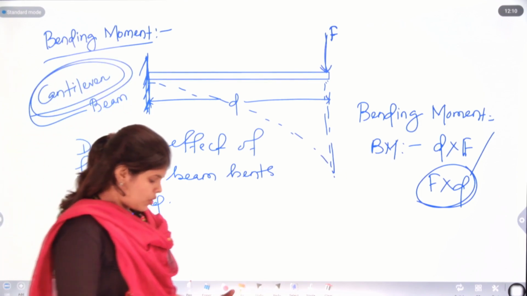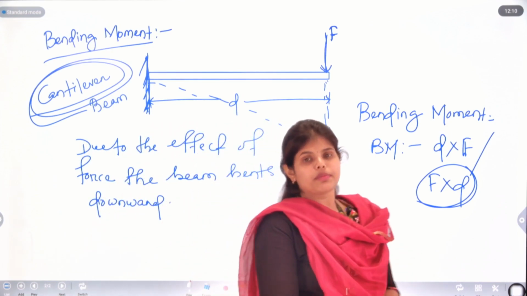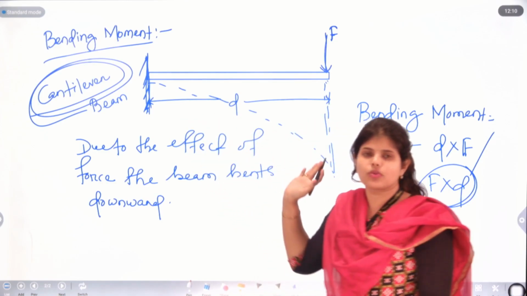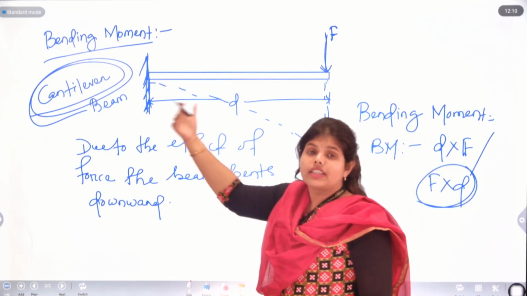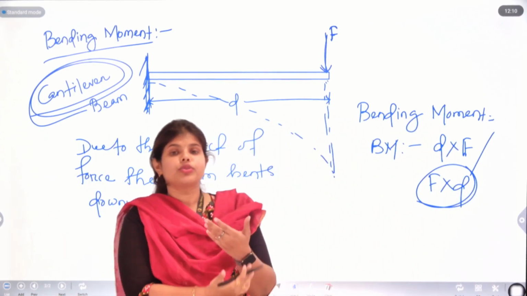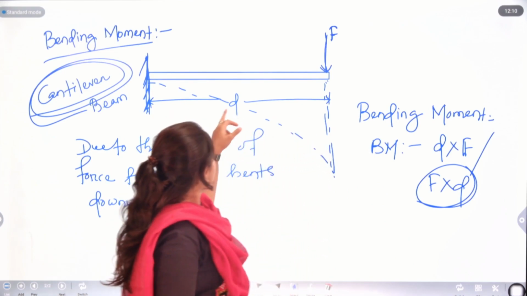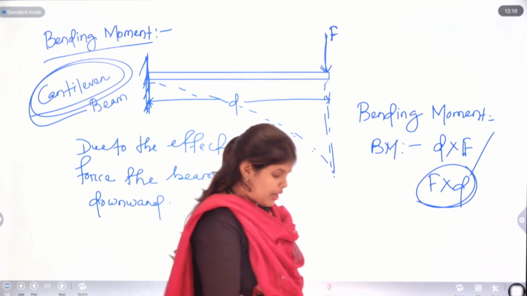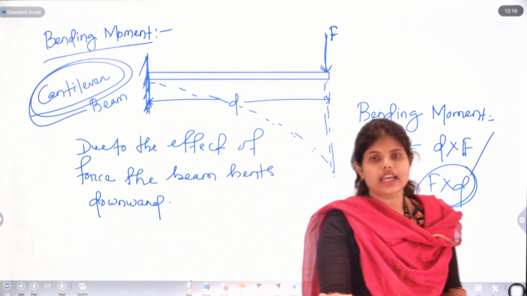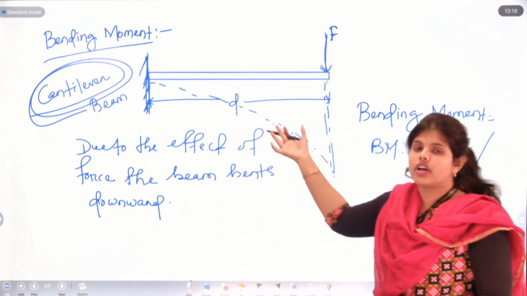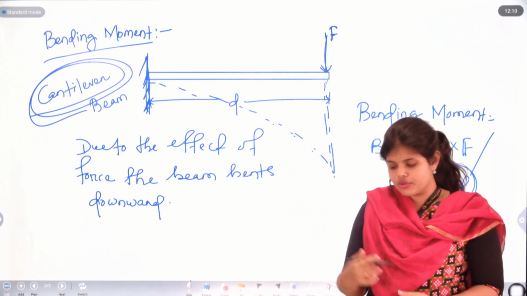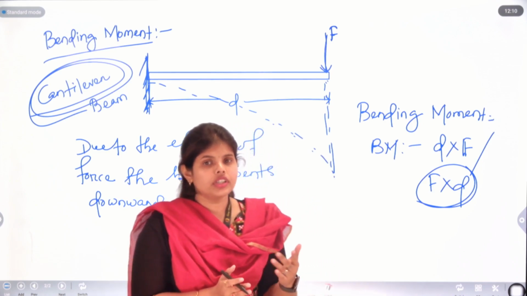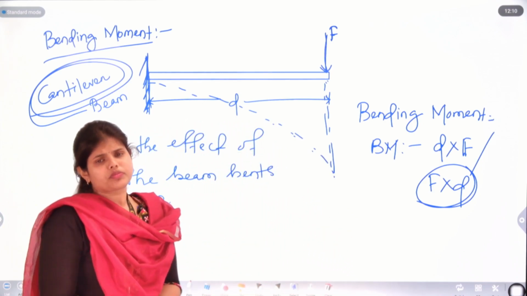There are lots of types of beam; in our next class we will discuss the types of beam. Here we have taken the downward direction. For downward direction, what sign we will use, and for other directions what sign we will use. So, in our next classes we will discuss the sign convention.